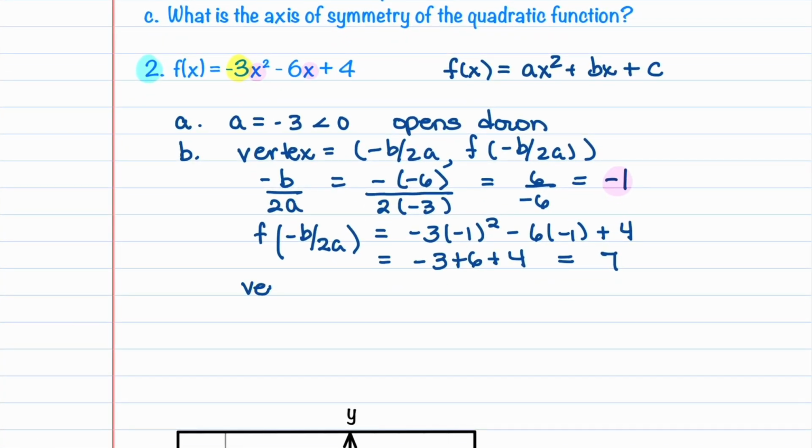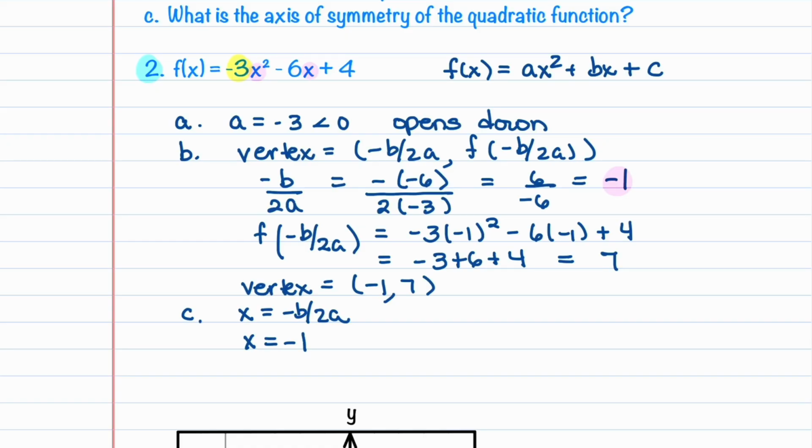So let's write down that our vertex is equal to (minus 1, 7). And then the last thing we have to do is write down the axis of symmetry. So our axis of symmetry is x is equal to minus b over 2a. We already calculated that. So our axis of symmetry is just x is equal to minus 1.